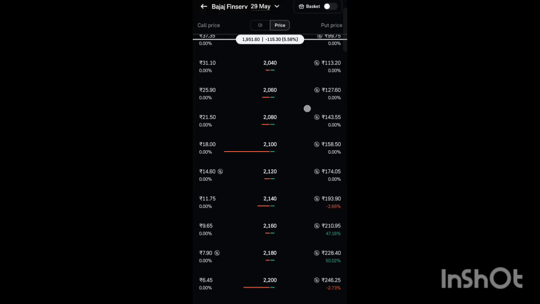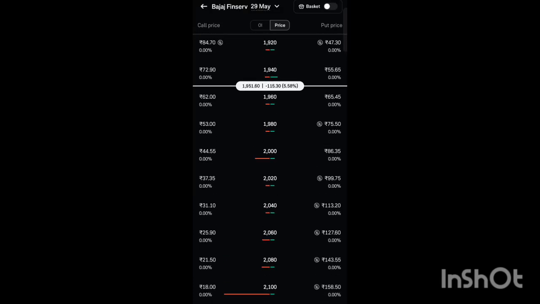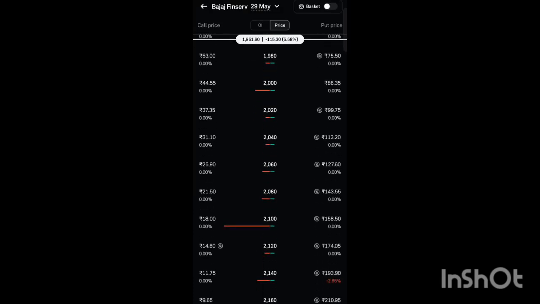Bajaj Finserv had the highest OI build up on 2100. You can watch that on the call side you can see a huge OI build up compared to other strike prices. That means it denotes that 2100 will be the next resistance.